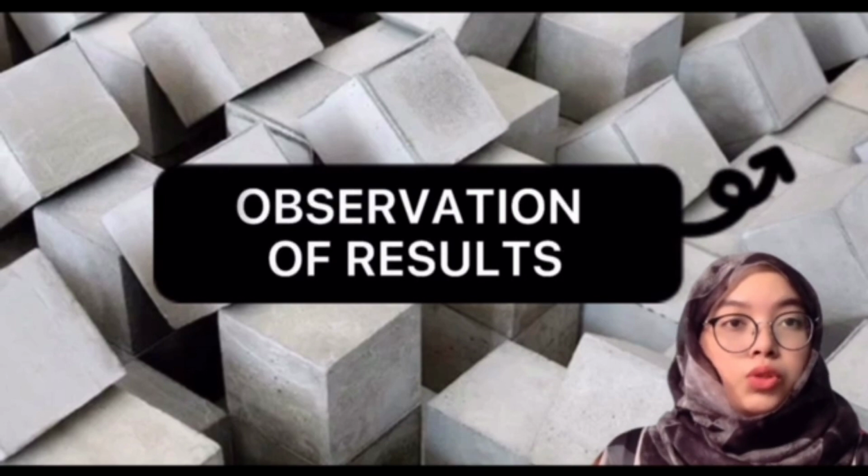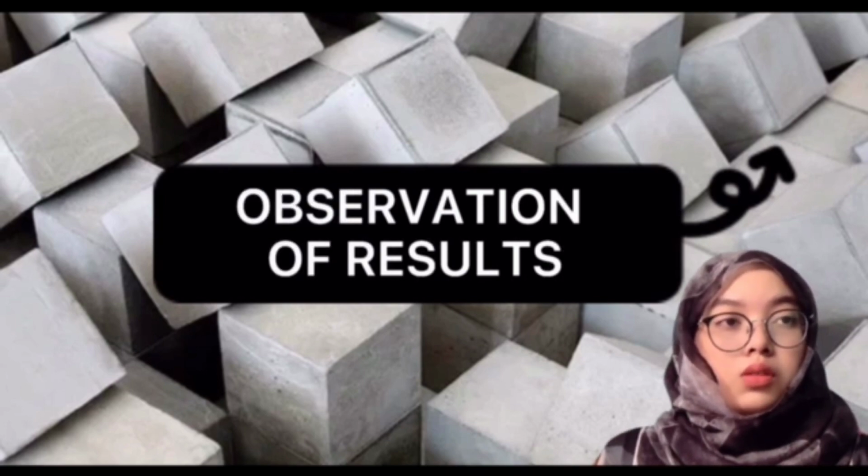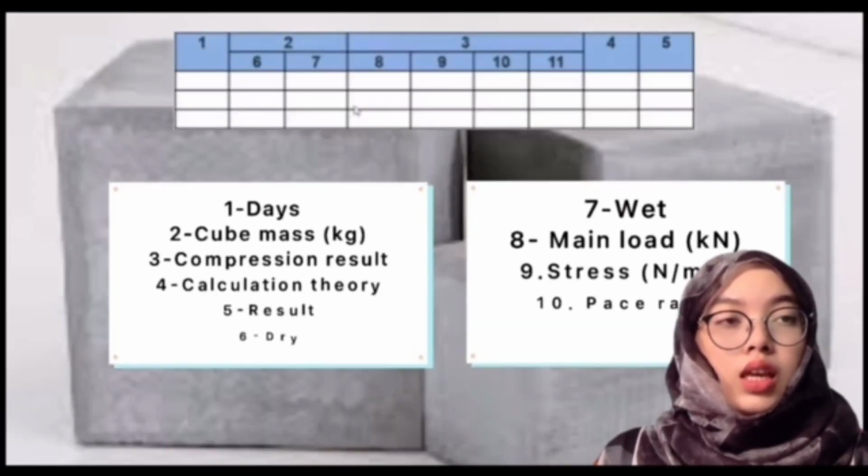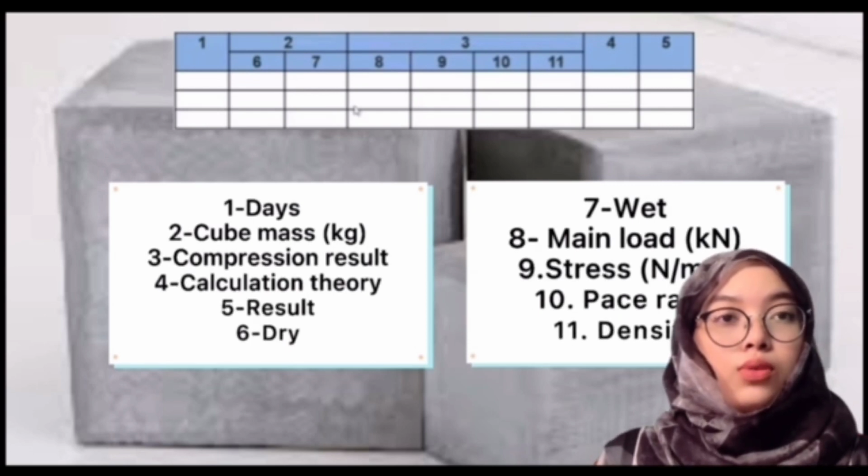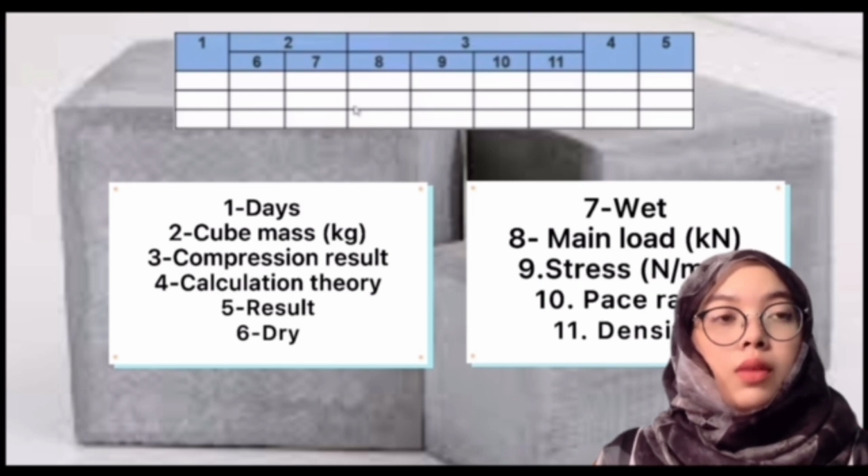Now we move to the observation of results. We can see that the table has been divided into several sections with a few numbers. We must know every part of the table first.